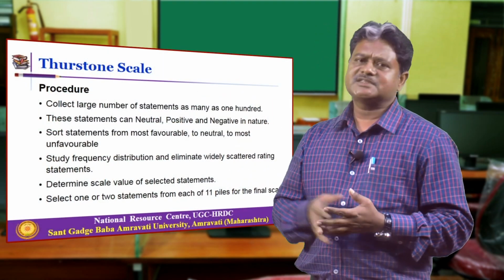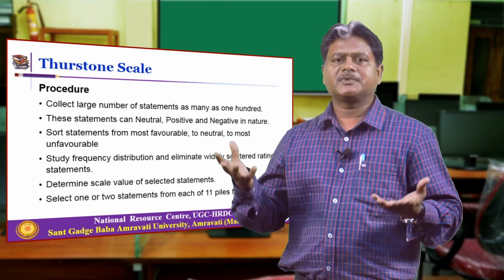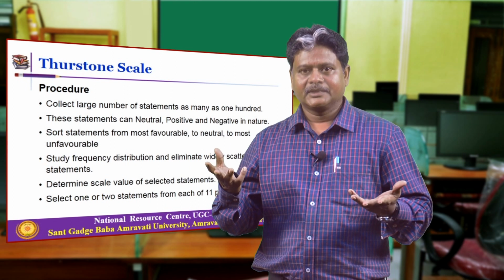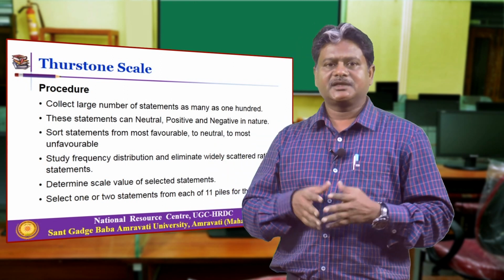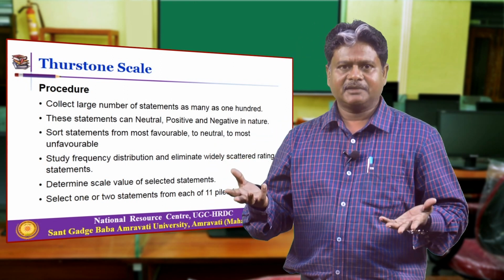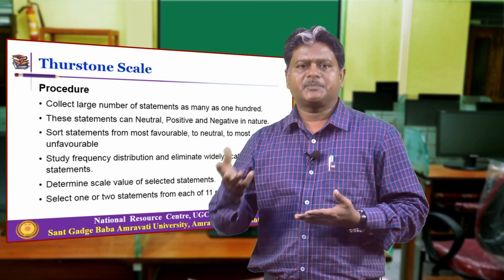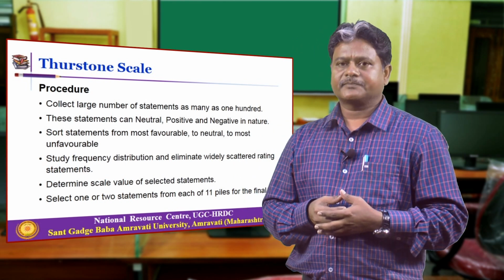The very first step is that we have to collect a large number of statements, maybe as many as hundreds. These statements may be neutral, positive, or negative about that particular object.